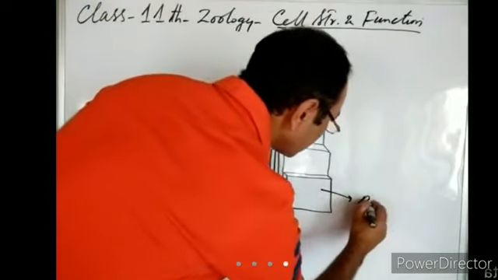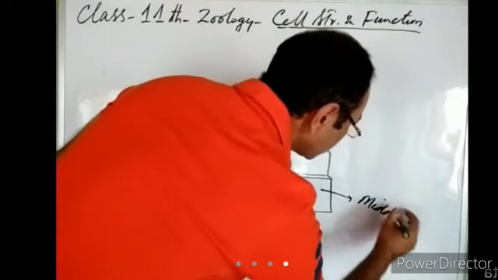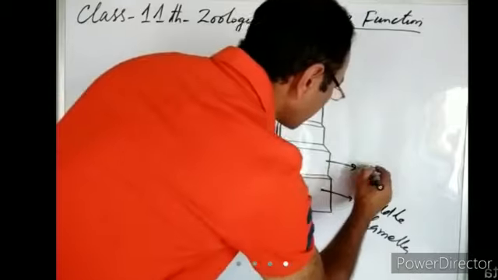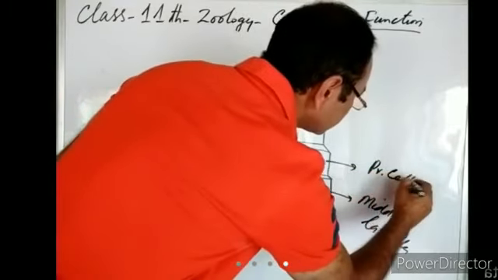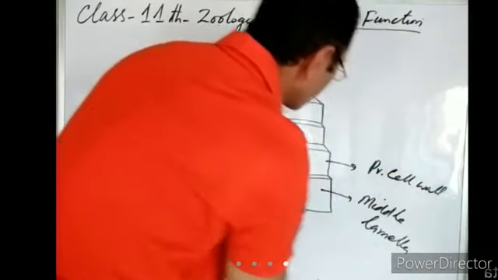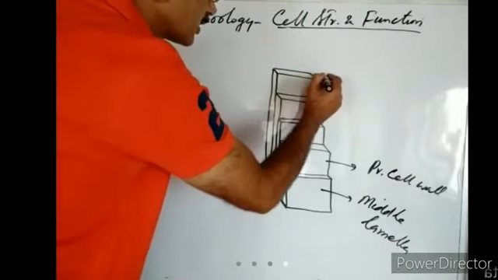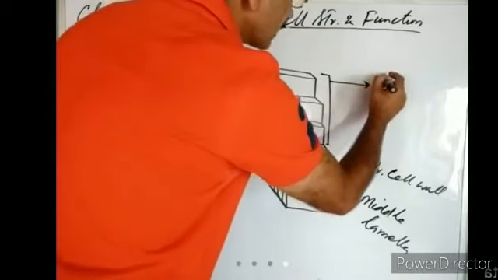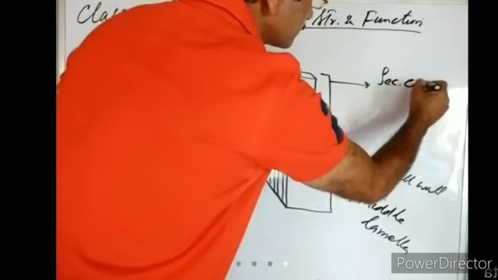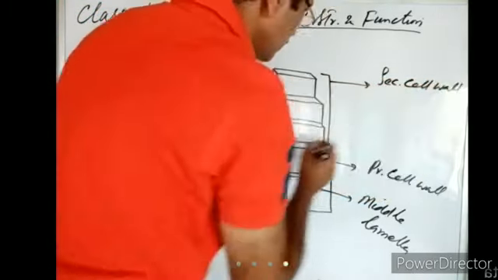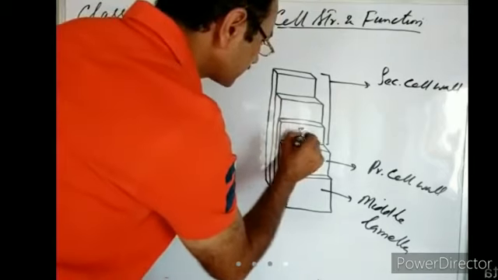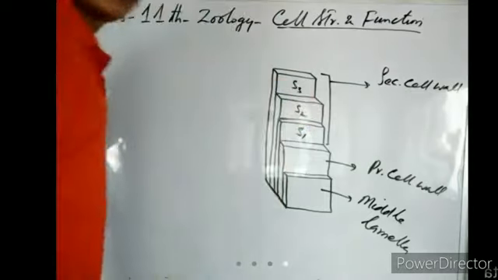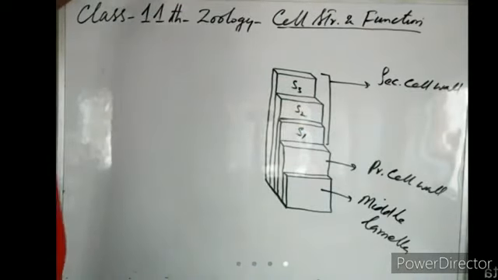So this is the middle lamella. On the middle lamella, a primary cell wall is formed. Then on the primary cell wall is formed the secondary cell wall. This is the S1 layer of the secondary cell wall, this is the S2 layer, and this is the S3 layer. Now what is the difference?